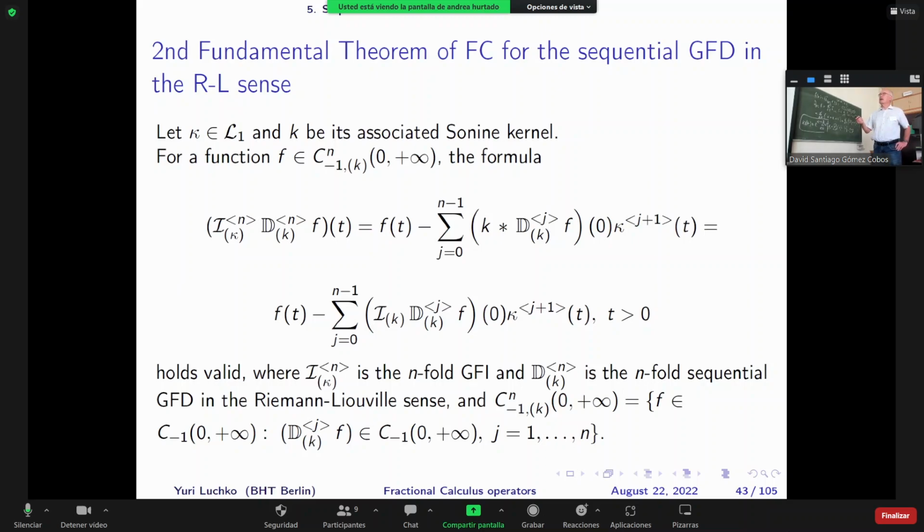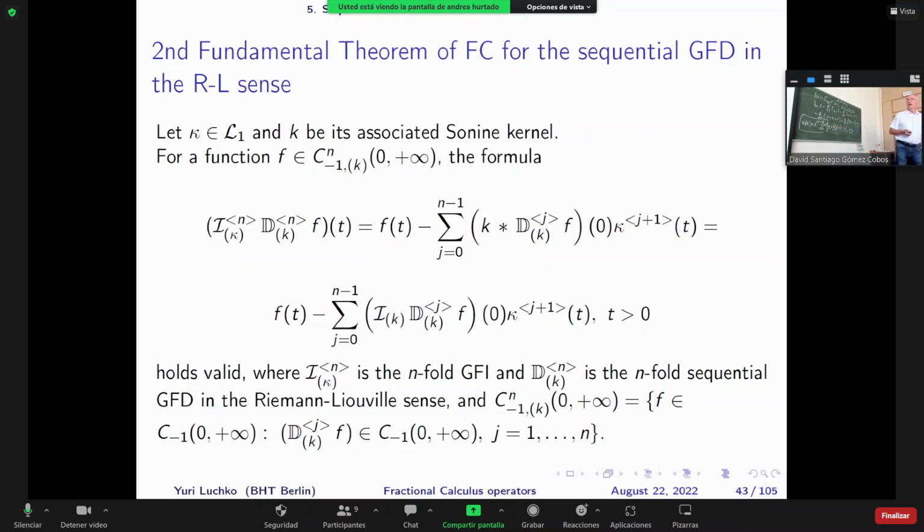And this convolution is, of course, nothing else than the fractional integral with the kernel K. And we have here a sum, and the terms of the sum are J plus 1 fold convolutions of the kernel kappa.